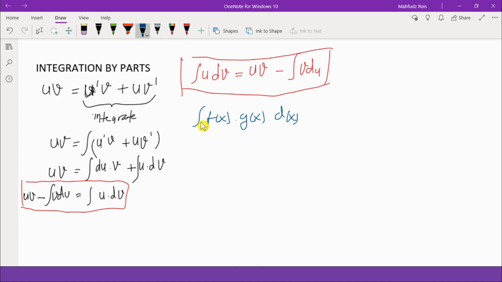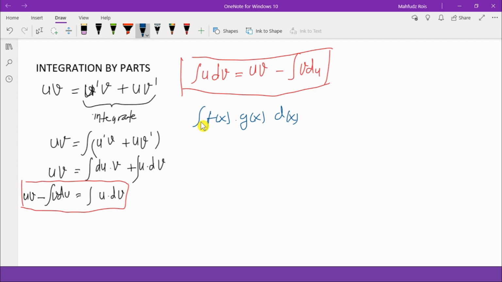It's not like integration by substitution, where if you have a product of two functions and one function is the derivative of the other function, we can solve by substitution. But when these two functions are different and not derivatives of each other, we have to use another technique that we call integration by parts, or solve it by this formula.